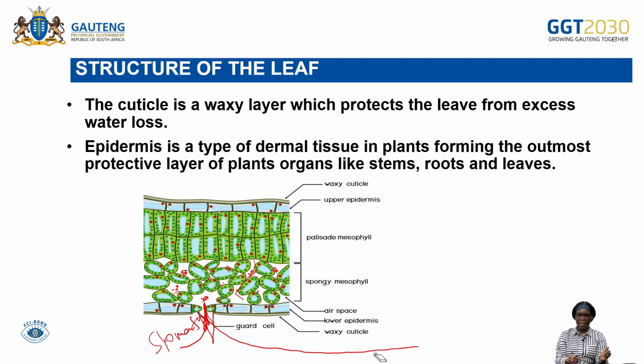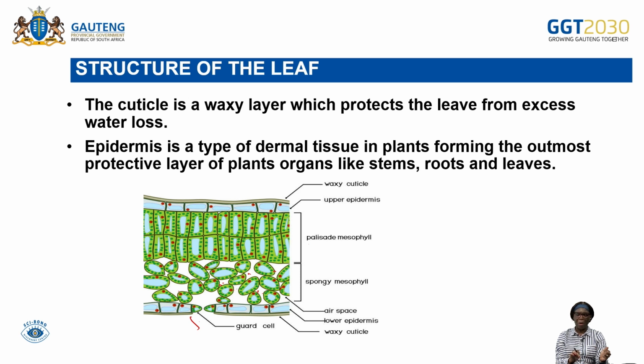These are the inner parts of the leaf. We have the area here having palisade mesophyll. In the palisade mesophyll, that is where we will have more chloroplasts than in the spongy mesophyll.